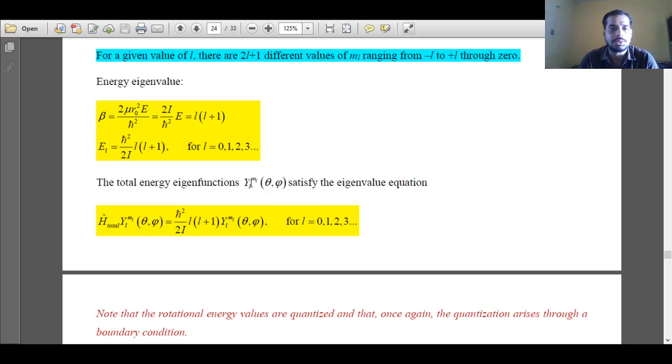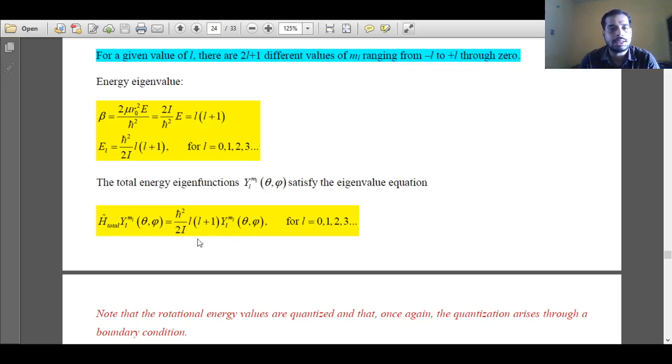When I operate the Hamiltonian operator, which is the total energy operator, on the spherical harmonic function, the energy eigenvalue I get is h bar square over 2I L into L plus 1, along with the same spherical harmonic function.